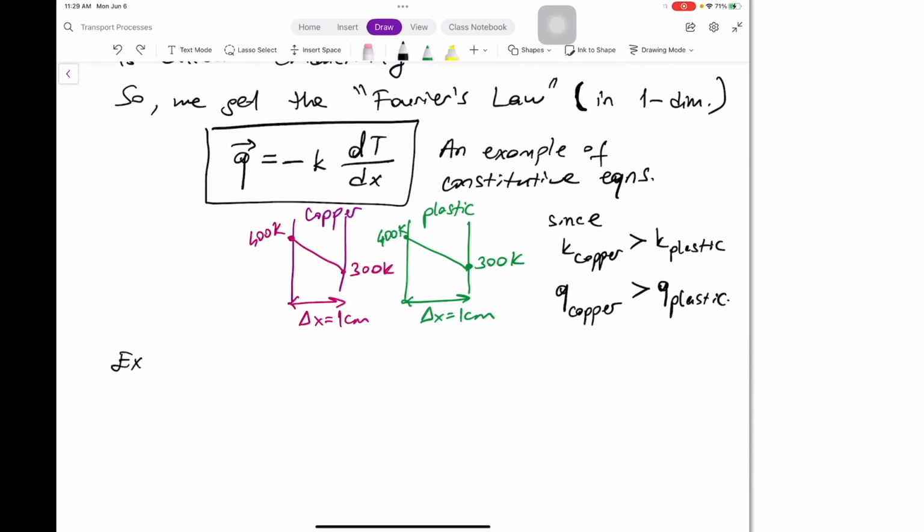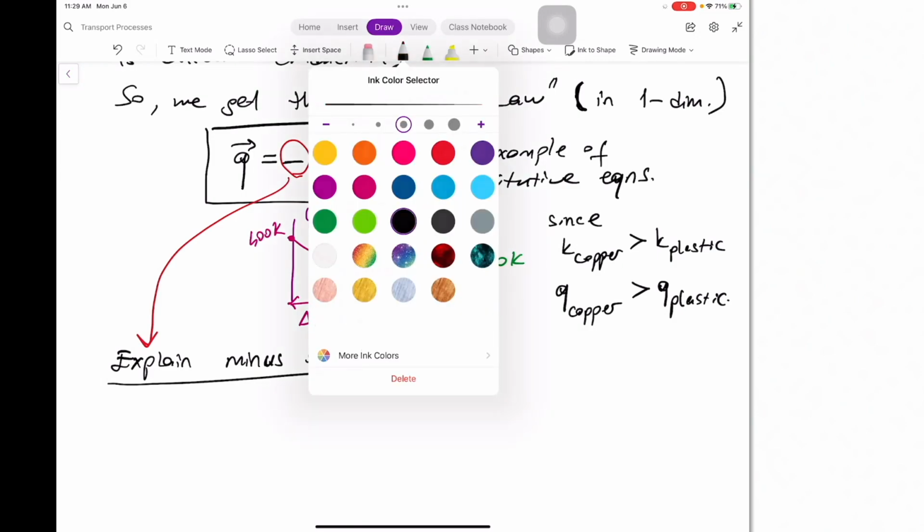Let's explain the minus sign. Which minus sign am I talking about? I'm talking about this minus sign in the equation.